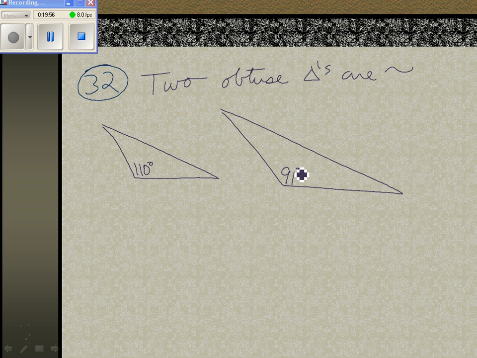So, can these 2 triangles ever be similar? No, but if we would have stuck 110 in there instead of 91, then could they have been similar to each other? So what's the answer for this one? Sometimes.